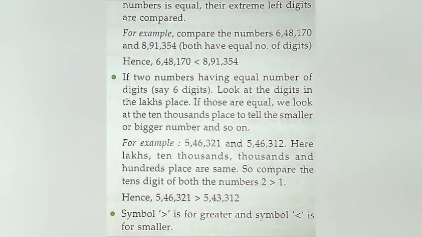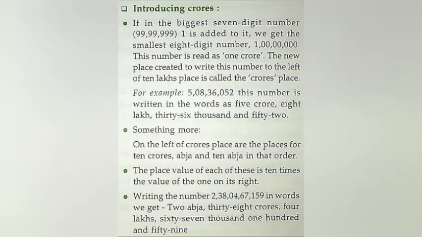First we learned about 10 lakhs, and now thousands, and now equals. Introducing crores. If you take the biggest 7-digit number, 99 lakhs 99,999, and add 1 to that, we get the smallest 8-digit number, that is 1 crore.